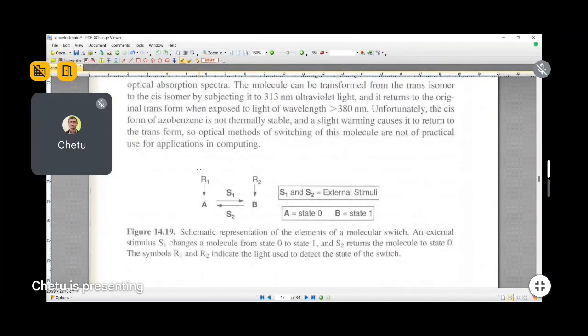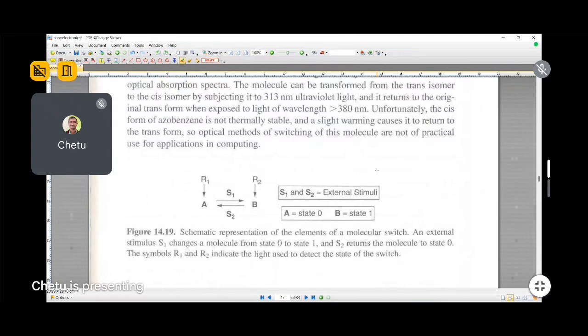There are certain molecules which can be converted between cis and trans. These molecules have isomerism, which can be optical isomerism, where they rotate the plane of plane polarized light.